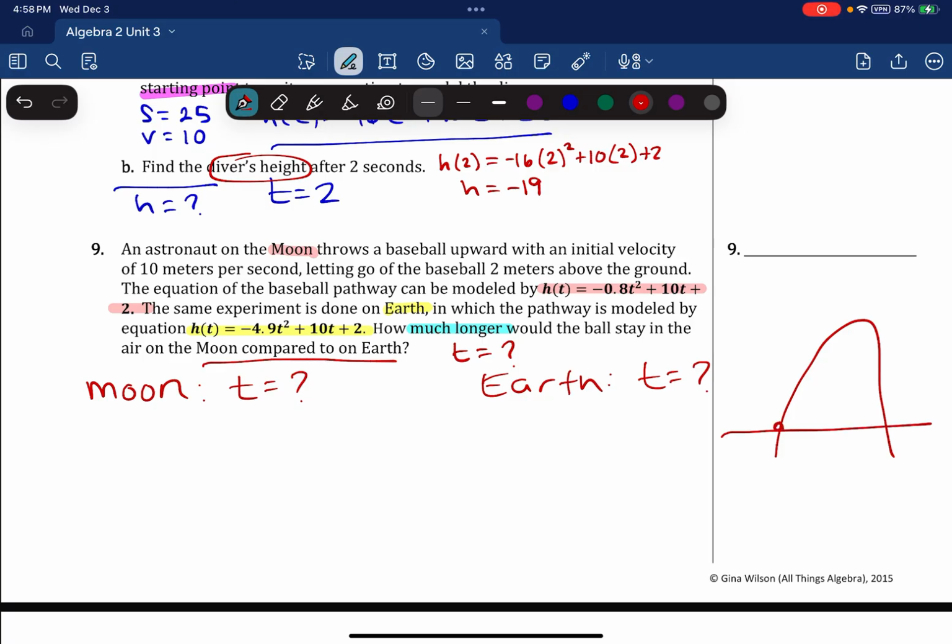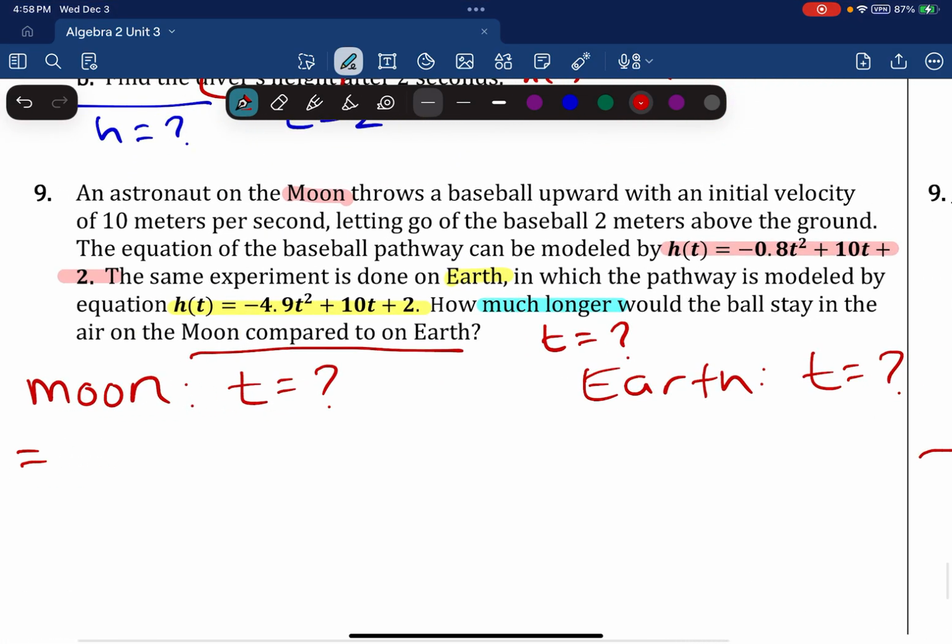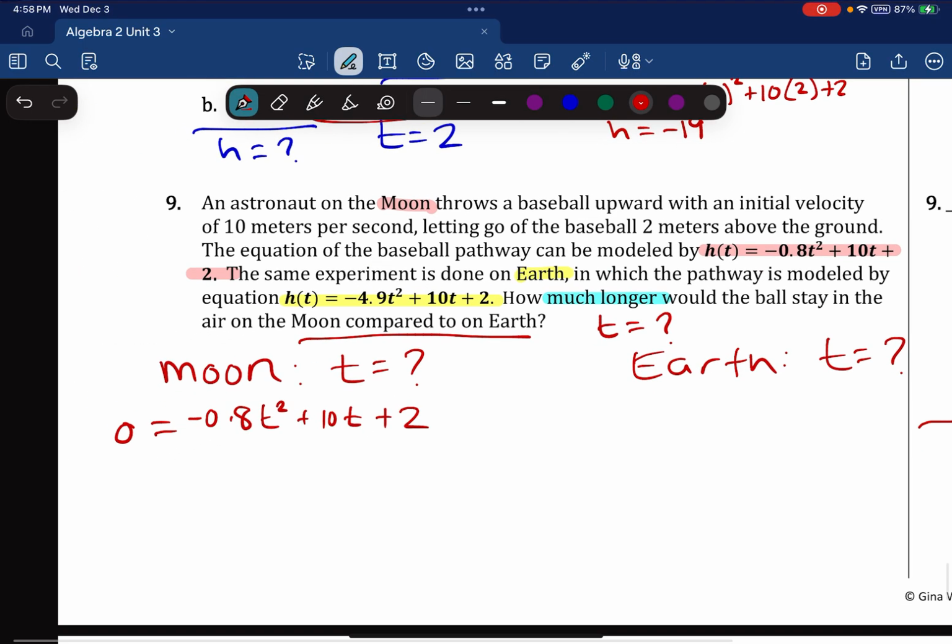We start up in the air and then we land back down. So these are the 2 places we cross the x-axis. That's our solutions. So we have to make h of t 0. So we're going to replace in our equation: negative 0.8t squared plus 10t plus 2 equals 0.